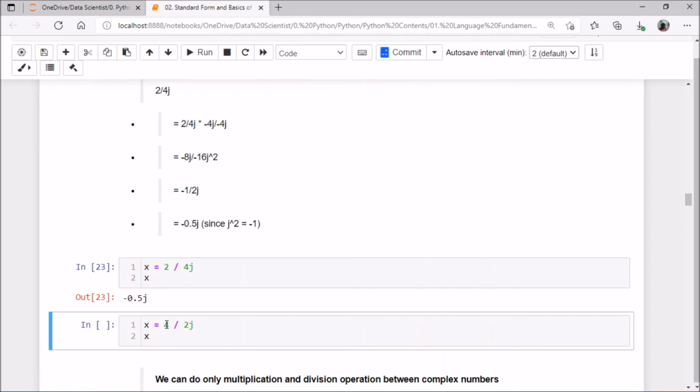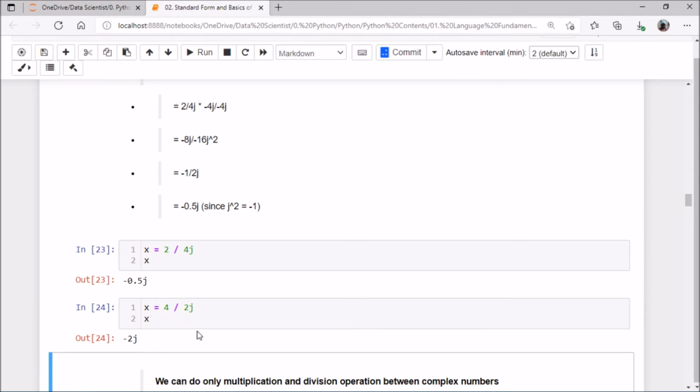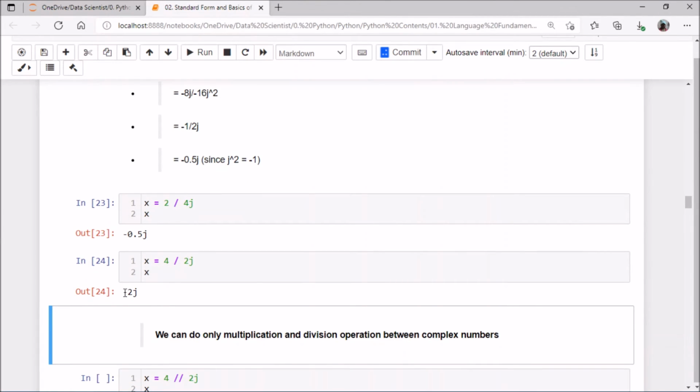And here 4 by 2j, this is also part of division. So why did the minus come here? If we try to understand the logic behind it, the question is 4 by 2j, which is equal to, we can also write, 4 by 2j, and then multiply with minus 2j, and also divide by minus 2j.